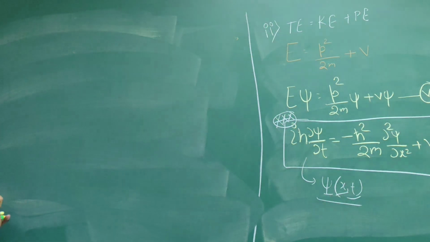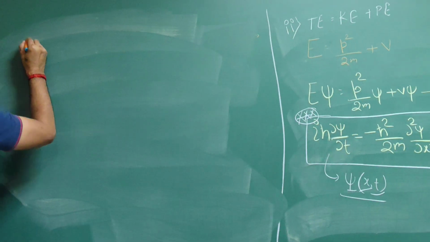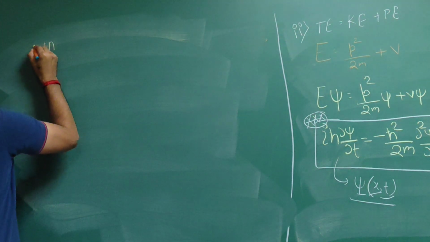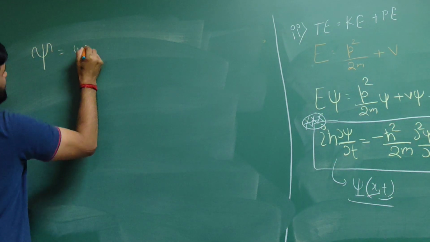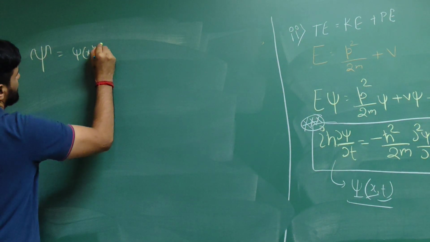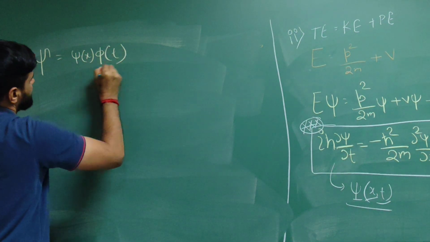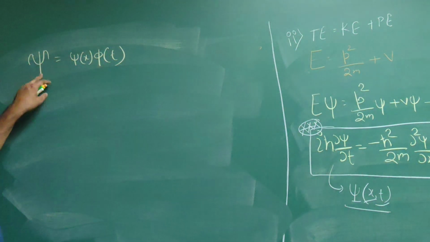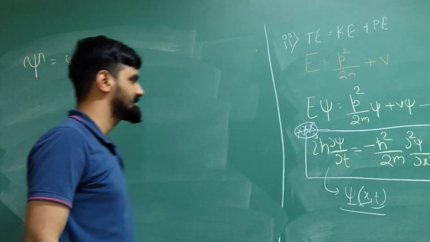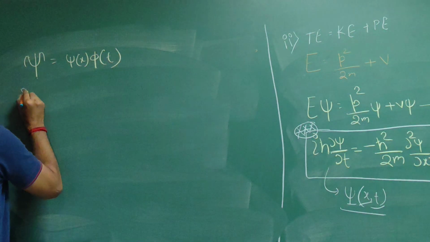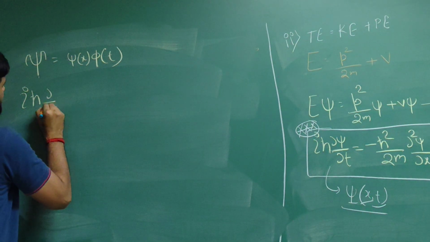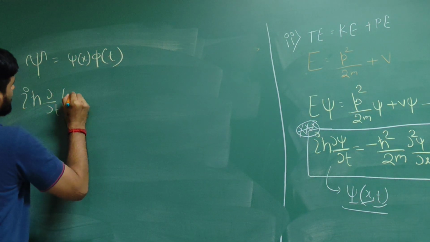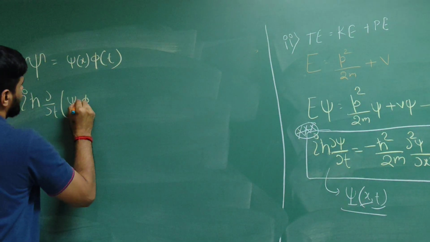So here we'll start with the solution of equation 6. Here you can say that this psi will be a function of psi(x) and phi(t). Is that clear? Once we substitute this value in equation 6, we will get i h cut del by del t of psi into phi, right?